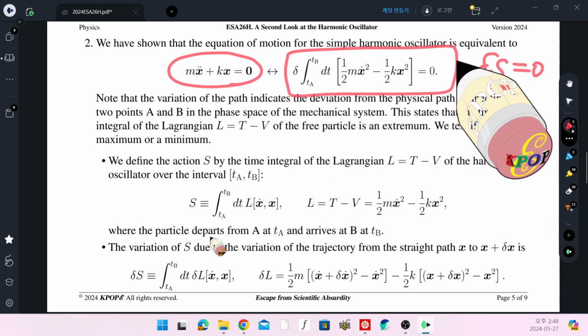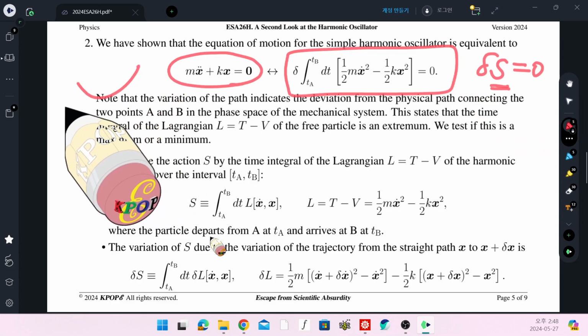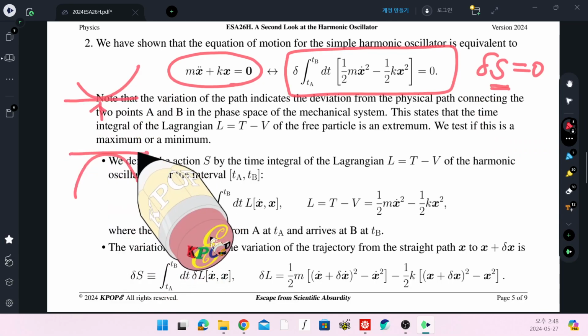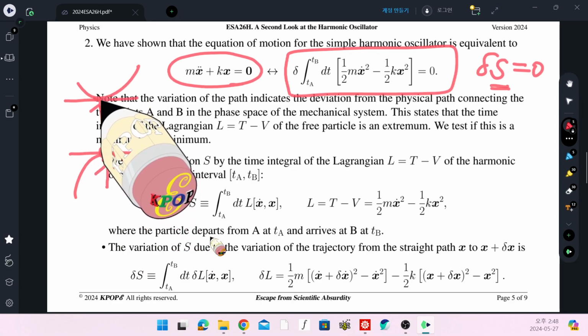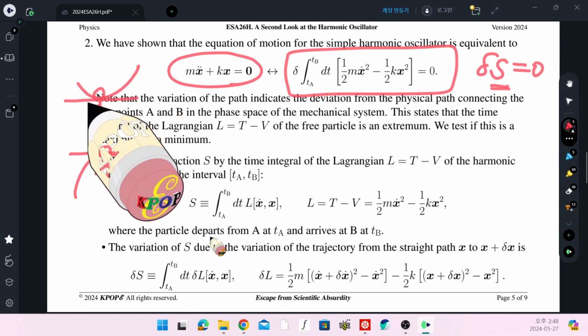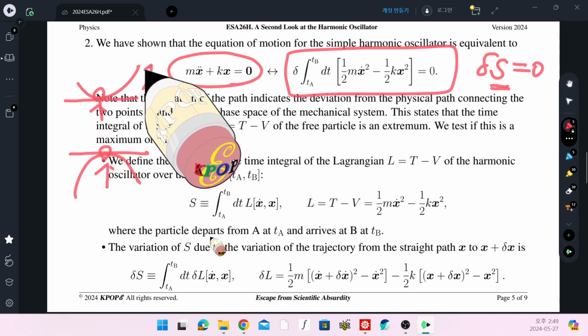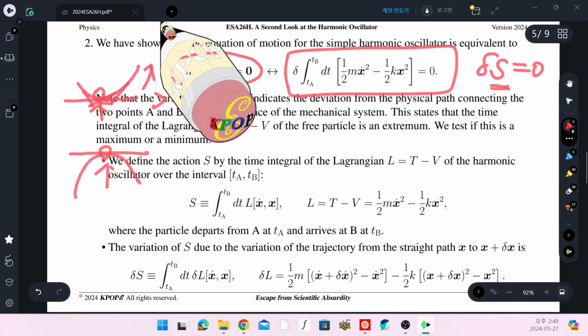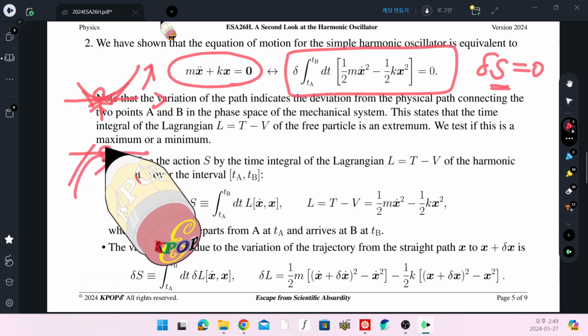What we are interested in is whether this extremum is either the maximum or the minimum. If it is the case, minimum. If it is the case, maximum. Their first order derivative is 0 at this point, but the second order derivative is positive because the slope keeps increasing; in the other case the slope keeps decreasing.